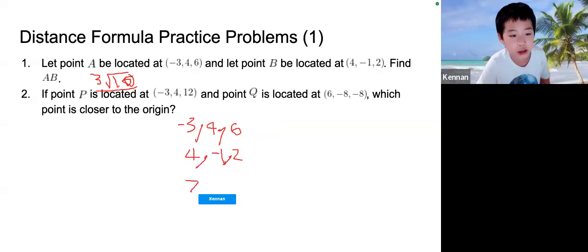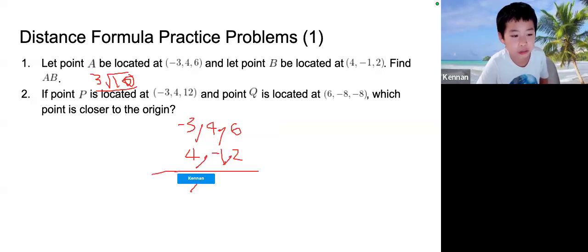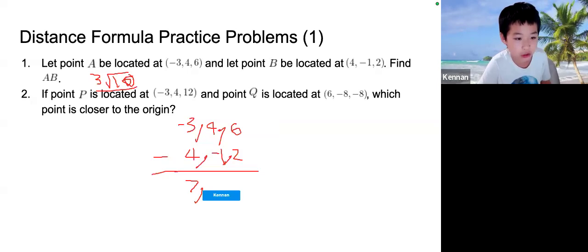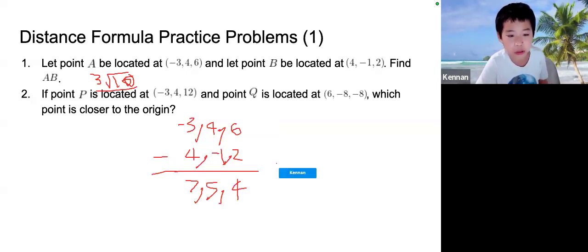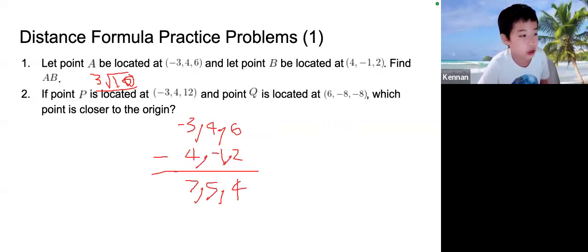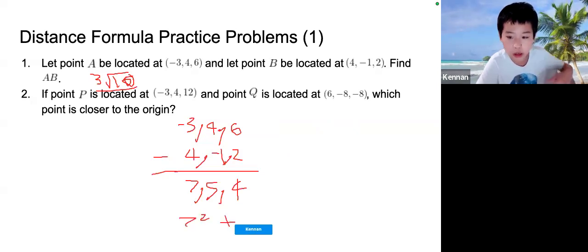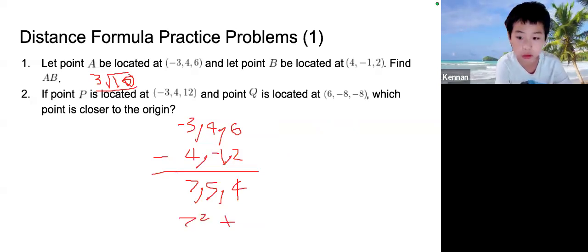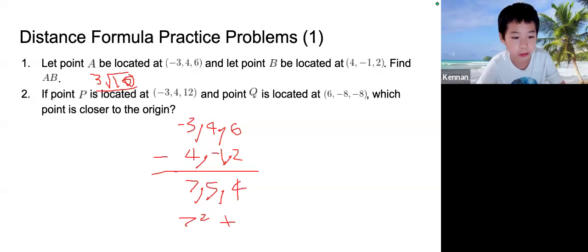If we consider the difference in coordinates, we get 7, 5, 4. Relatively speaking, because we're going to square it anyways, the sign doesn't matter. So this gives us 7 squared plus 5 squared plus 4 squared.